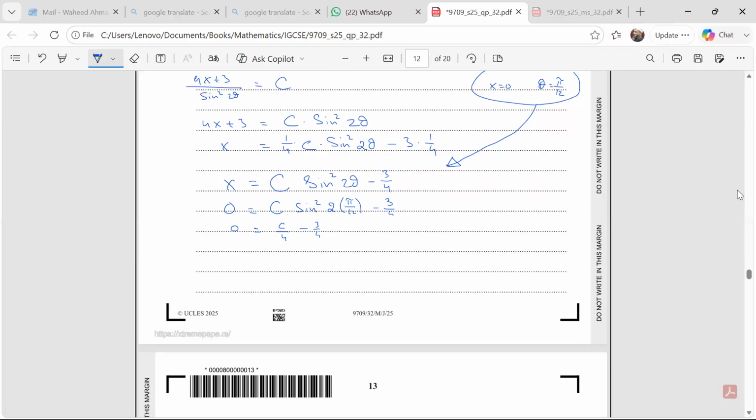So from here you can see that c is equal to 3. When I substitute this value, x equals 3 times sine squared 2 theta minus 3 by 4. So this is our final solution.